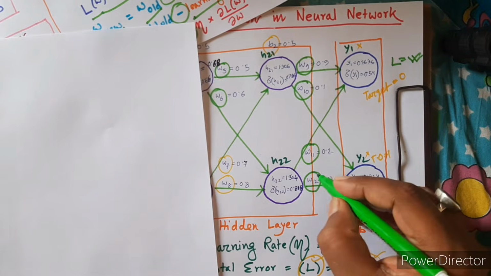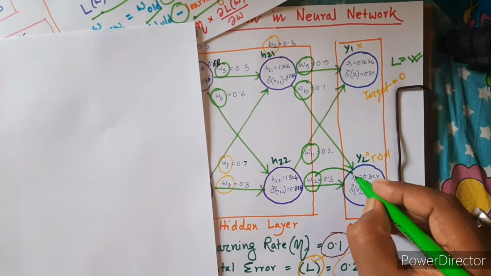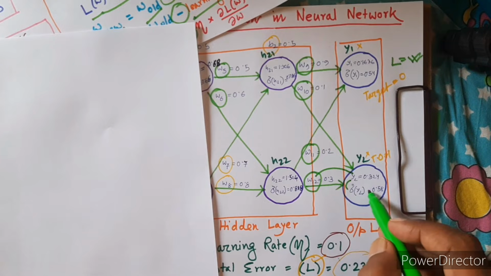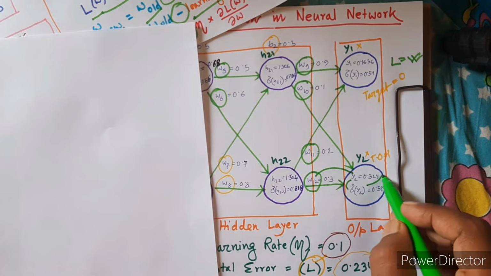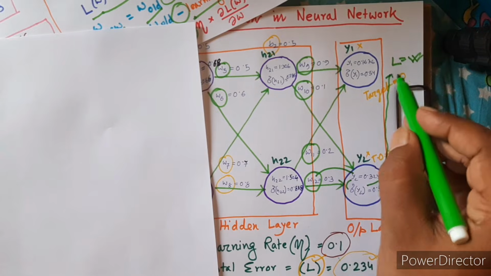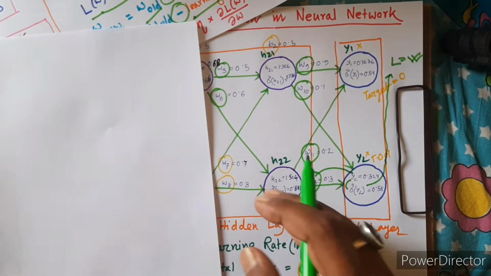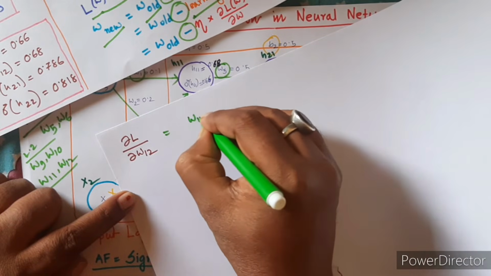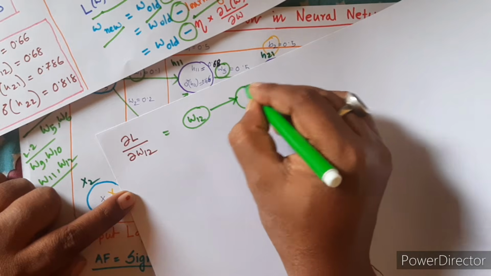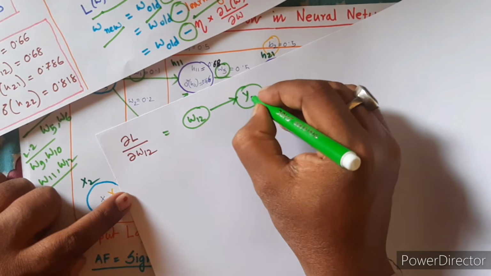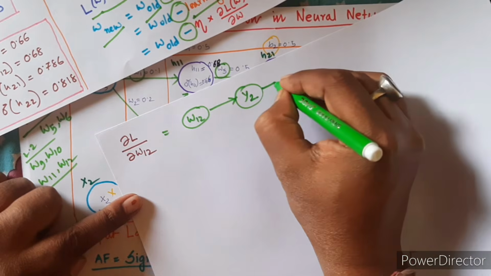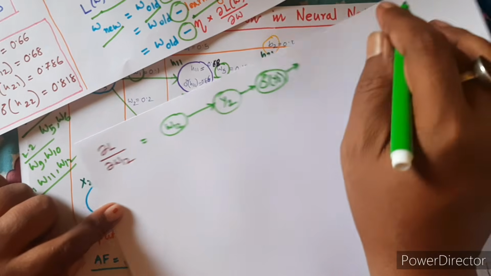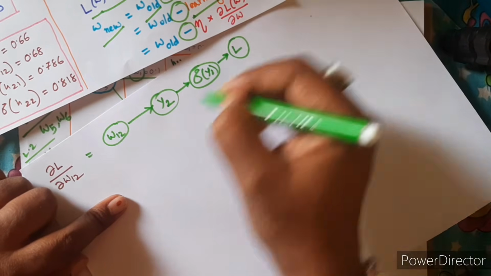So from W12 you are reaching Y2, and from Y2 you are reaching sigma Y2, sorry, and then you are reaching the actual L value, right? So if I just draw it here, this will be W12, and then it is participating in y2, and then in sigma of y2 and then the L.